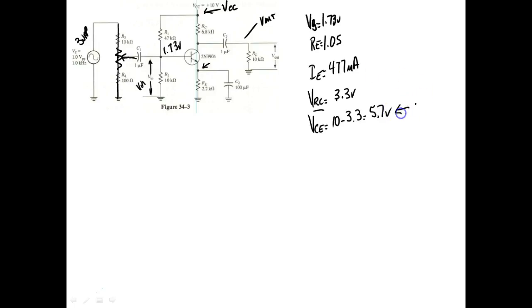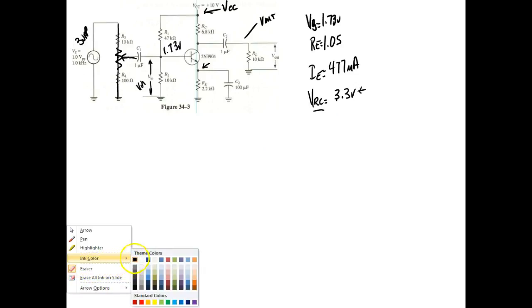So this indicates we're in the active region, right? Oh, I'm sorry, I can't do math. And that's where y'all was trying to give me that right there. But we have to calculate the voltage drop across RC to come up with VC. So let me redo this.